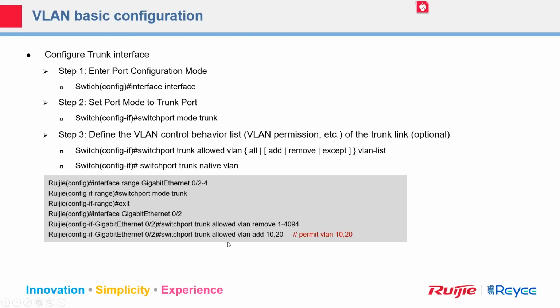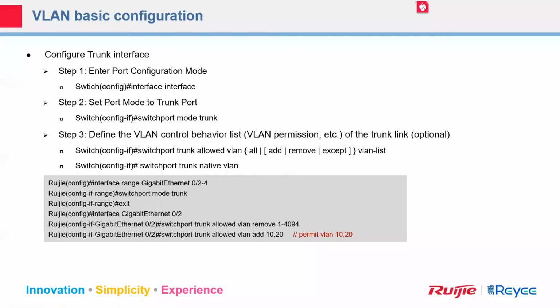And then you can add your service VLAN, for example, for the user VLAN 10 and VLAN 20. So interface 2 only allows VLAN 10 and VLAN 20 to pass through. If you get some VLAN 30 packets, the packets cannot be forwarded out of interface 2.